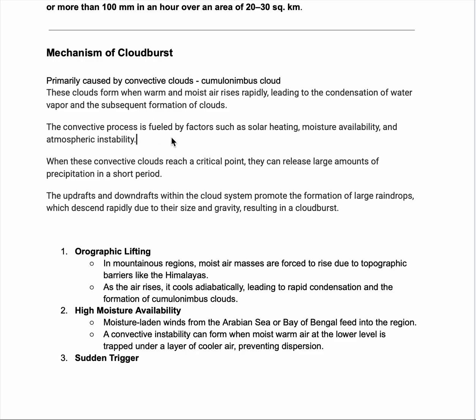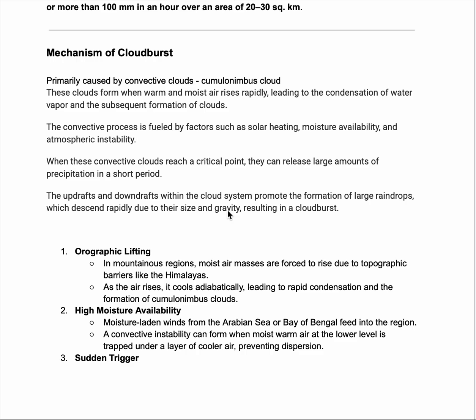The convection process is fueled by factors such as solar heating, moisture availability, and atmospheric instability. If there is more solar heating, water is evaporated and moisture availability increases. These two factors lead to atmospheric instability and the creation of convective clouds.